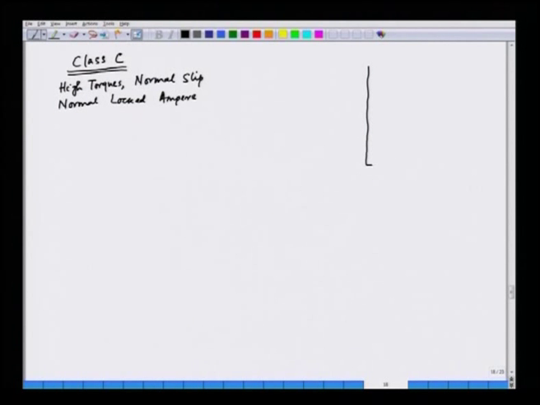We can draw the torque speed characteristic. This is the speed and the torque here. We can also say high starting torque, high torque. In this case the torque speed characteristic will be like this.